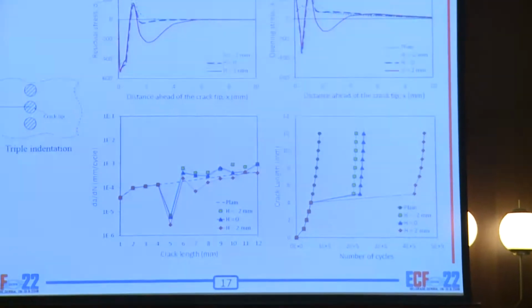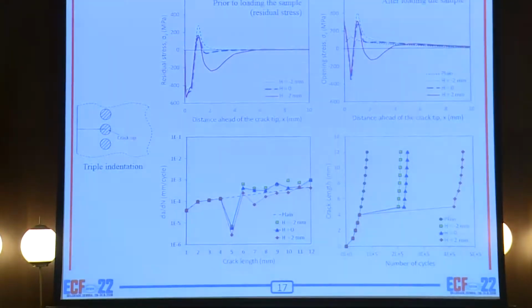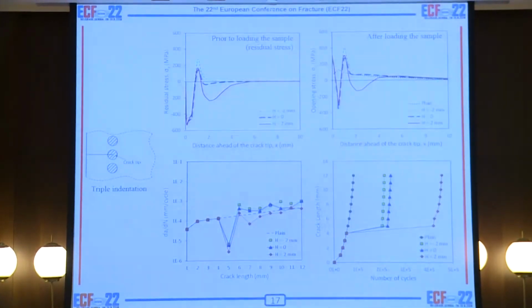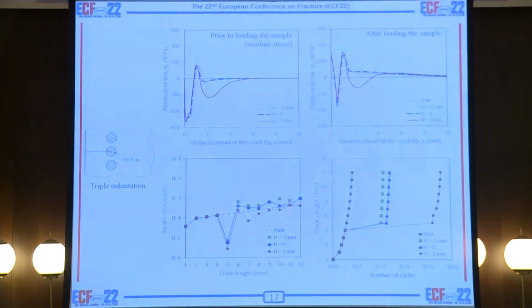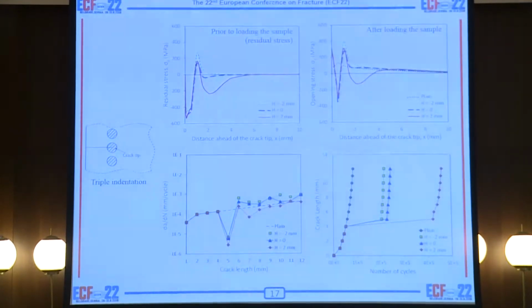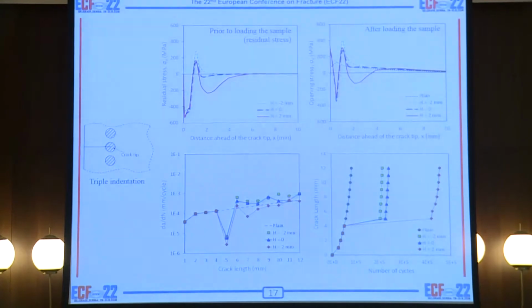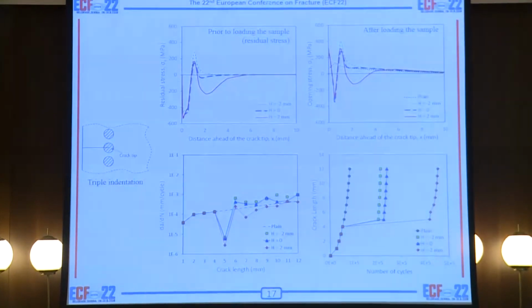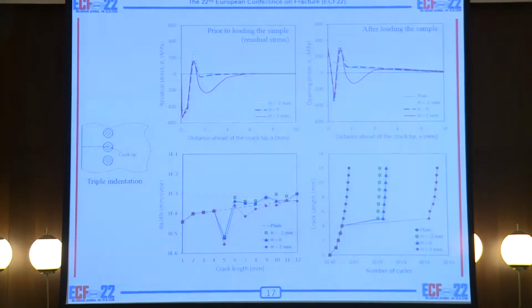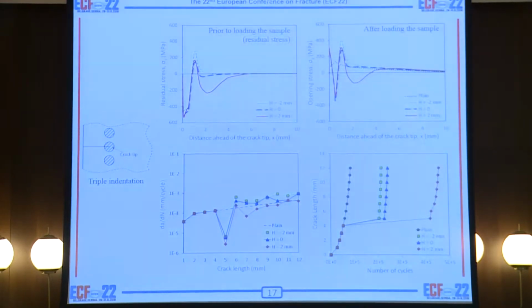First, it has the advantage of the single indentation method, which is the high compressive residual stress, almost the same as single indentation. And it has more than 4 millimeter of effective length. Yes, there is this tensile part which is not favorable for us, but the compressive part is so large that we can just neglect that tensile part.